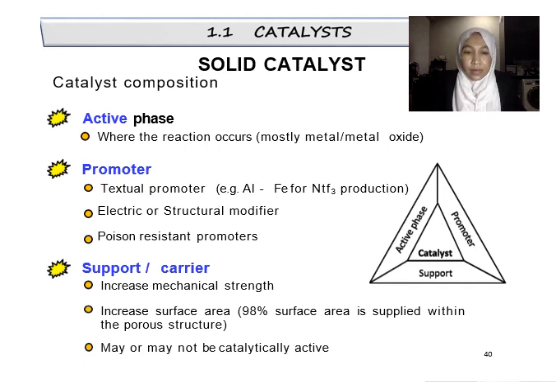So basically the support is to increase the mechanical strength of that catalyst and also to make the catalyst thermally durable, meaning that when it undergoes a reaction at high temperature, the catalyst can still function well under a very high temperature, for example. So this is the function of the support.